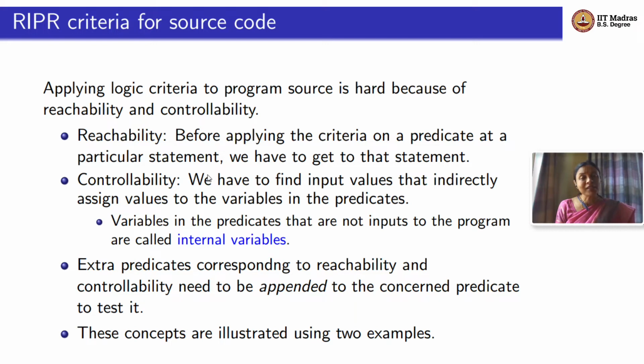The predicates could be such that they will all have internal variables, variables that are local to the method or the procedure, and not all those internal variables will be test inputs. So we'll have to rewrite the internal variables in terms of test inputs and get newer logical predicates. So the problem of controllability needs to be solved. And sometimes the variables can get redefined along the way as you reach a particular statement. So those definitions that occur of a variable along the way have to be considered.